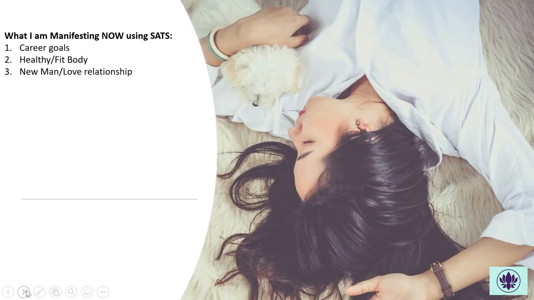The things that I'm manifesting now using SATS are career goals, a healthy, fit body, and a new man or love relationship. So let me give you some examples. Let's say there is a certain career that you desire, or you want a promotion at work. Let's say you've worked for this company for a year or two, and there's a spot open that would be a promotion for you.